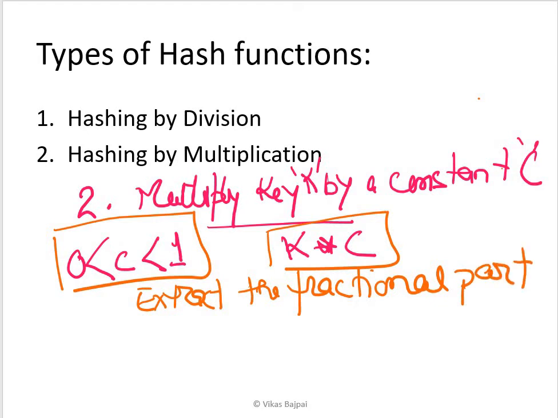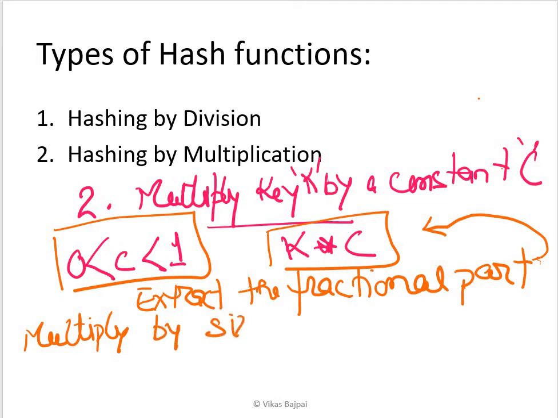Extract the fractional part of this k cross c, and then multiply the result of this fractional part of k cross c by the size of hash table, which is m.